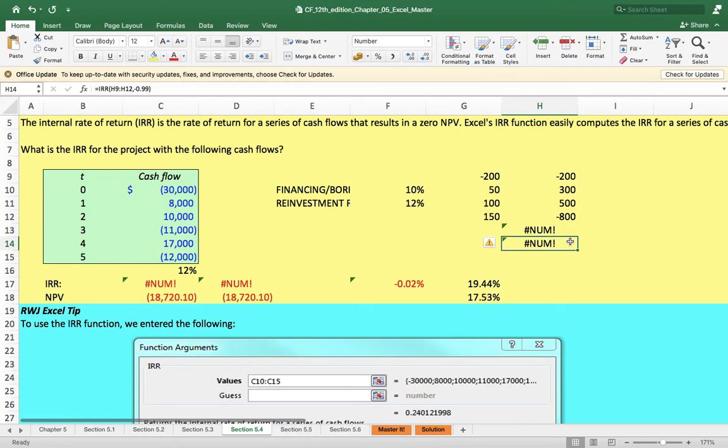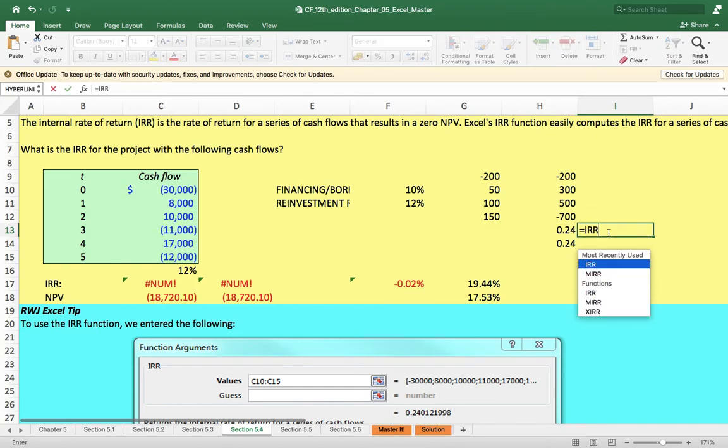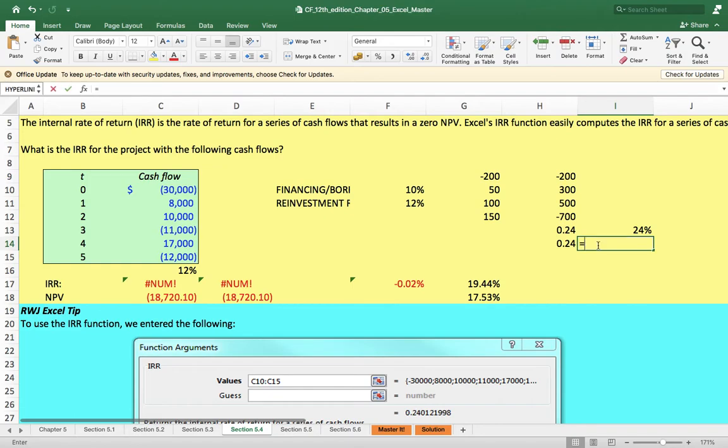Say there is no IRR existing. And for example 700, IRR here to here, 0, minus 0.99.